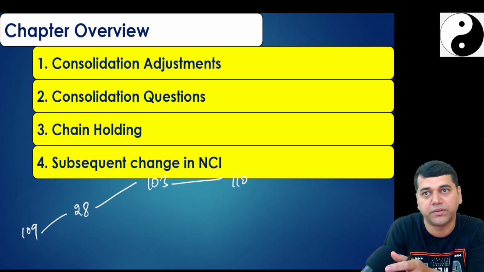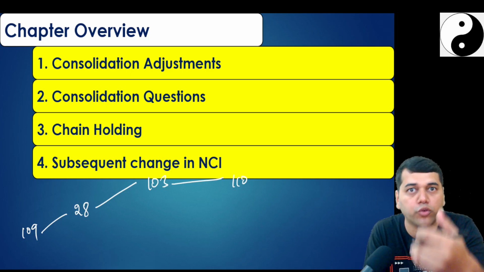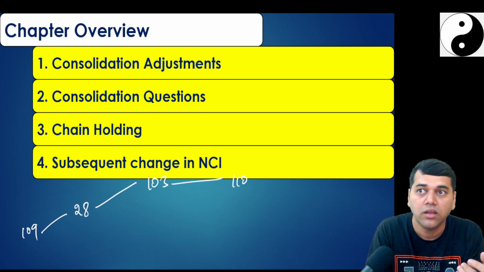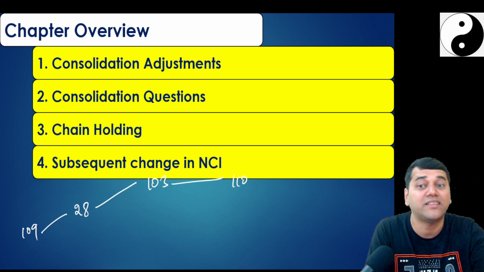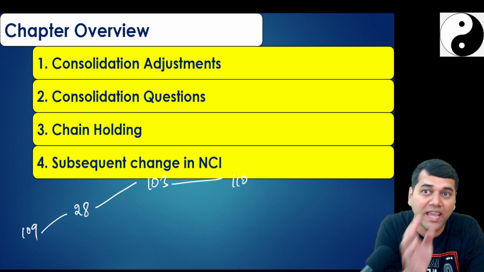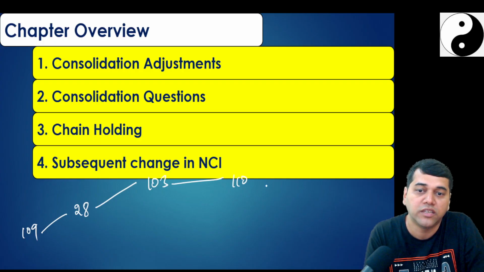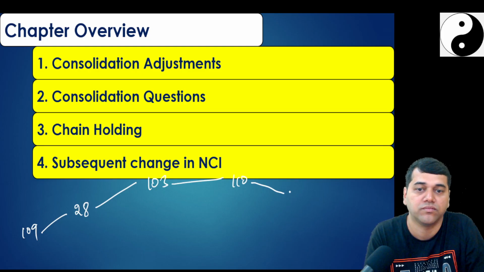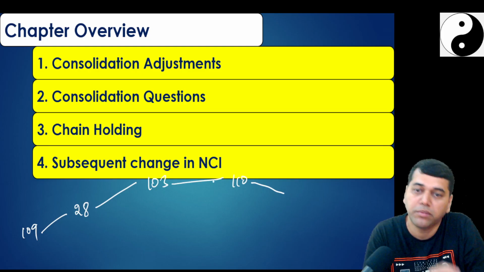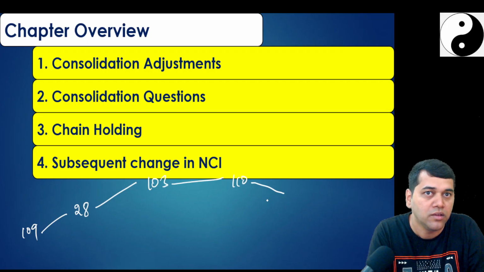I have taken 60%, got control. I will buy more, 20%. Or out of 60%, 5% I sell without loss of control. That means any up and down happening without losing control is called change. That means I will continue with 110 only, but my portion is going to change.